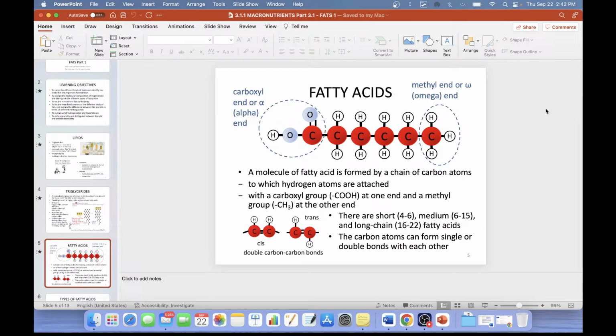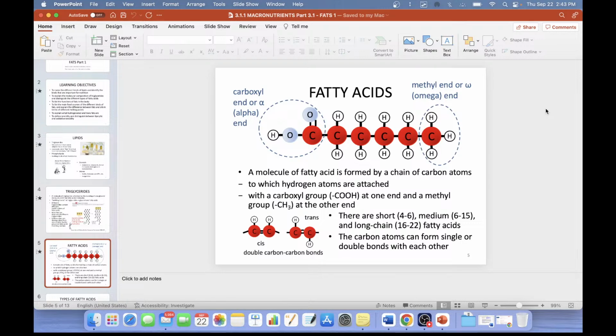The 4 black sticks that get out of that red ball represent the 4 possible bonds that the carbon atom can form. So a carbon atom can link up with other carbon atoms to form a chain like that, using 2 or 1 of its bonds.